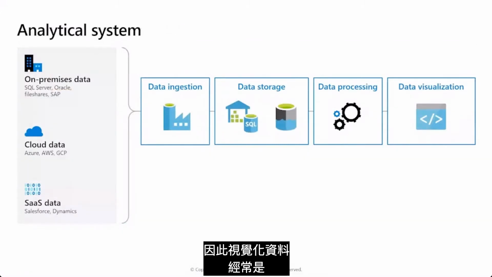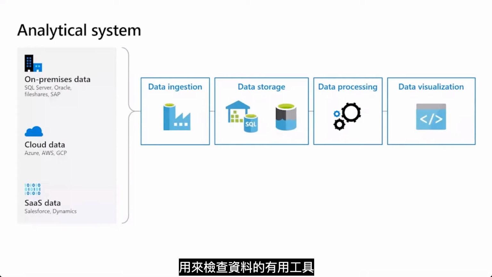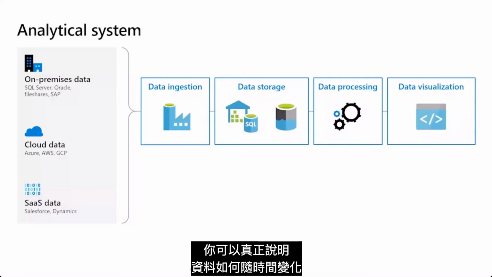And so visualizing the data can often be quite a useful tool to examine the data. And so you can generate charts like bar charts, line charts, plotting the data onto a geographical map if it's geographical data. And you can really illustrate how data changes over time and pick out the trends in your data.